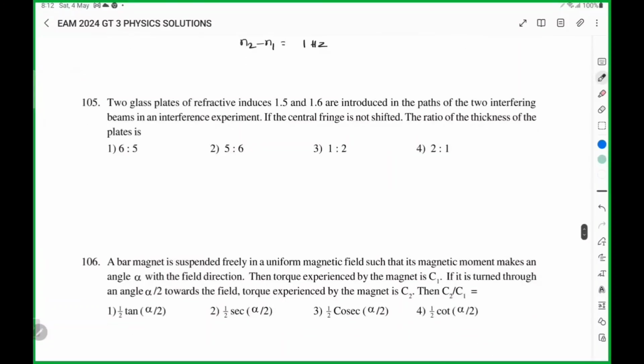Here the distance between the slits is d and here is the screen. If a ray of light passes through, generally we get the central intensity maximum right at this point.